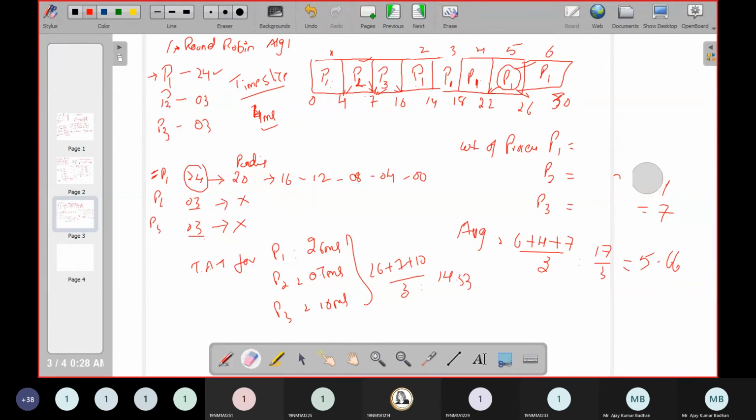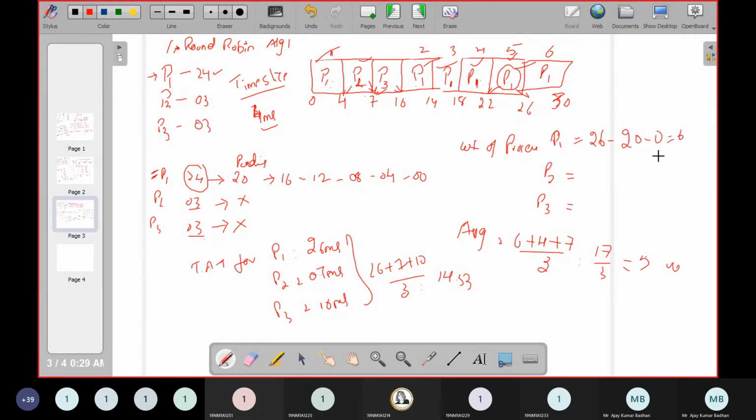Okay, let me write it again here. So what is the waiting time for the process P1? P1 has executed 6 times. So left side is 26. So 26 minus how many times it has executed previously? First time, second time, third time, fourth time, fifth time. So 5 fours are 20. The arrival time here is 0.